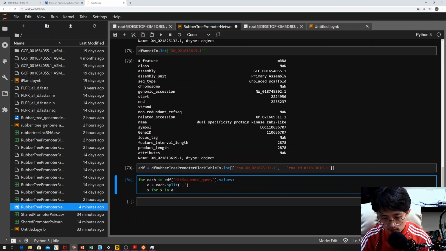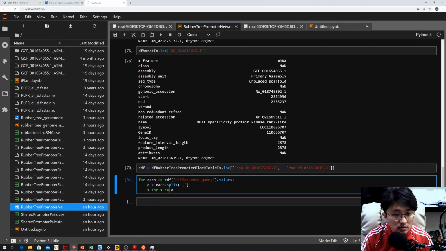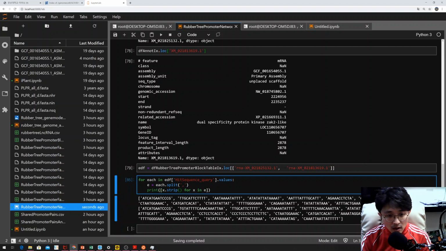Hold on. Okay, so I will strip the E and print. Then we can clearly see the sequences.